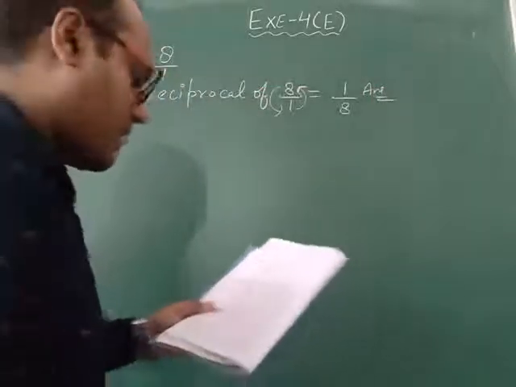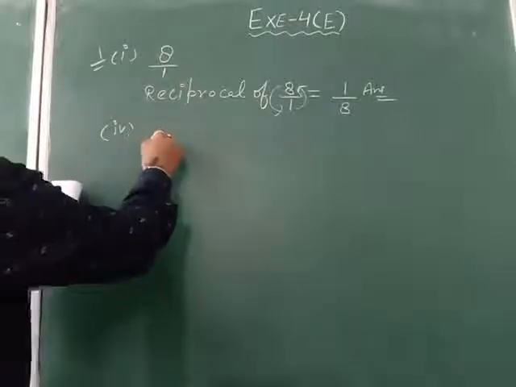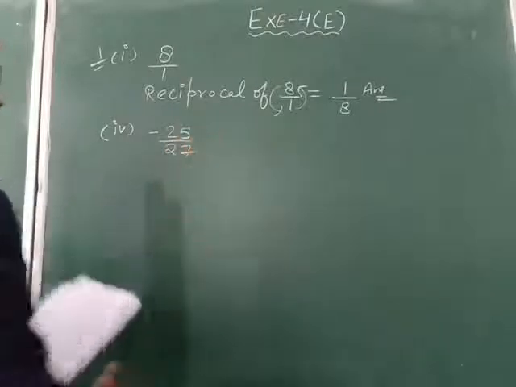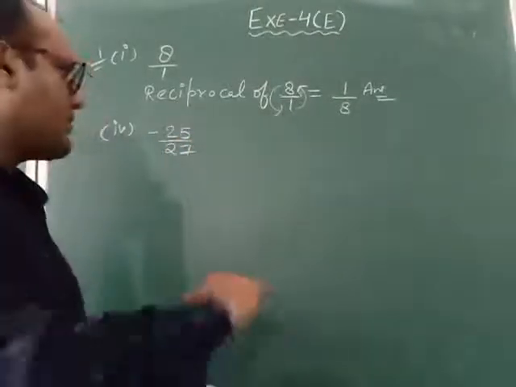Now see another part number 4. Minus 25 upon 27. So in this also we have to write the reciprocal. So reciprocal means we have to invert it.